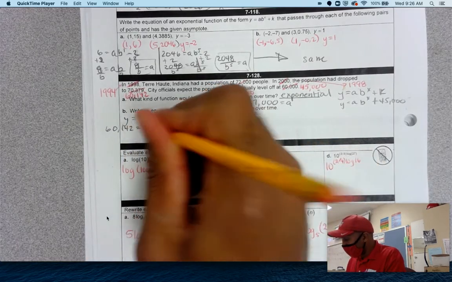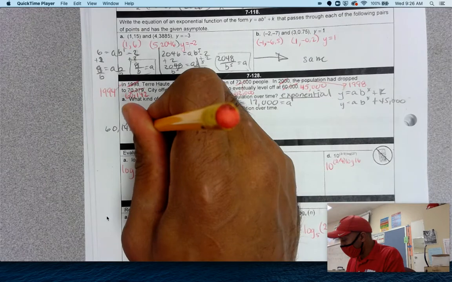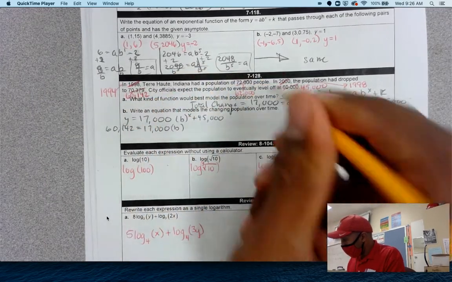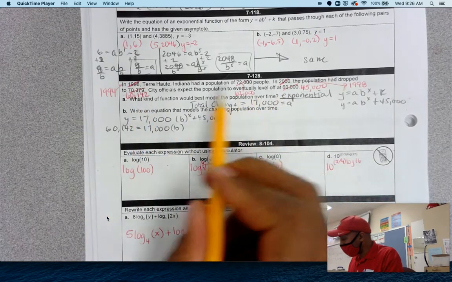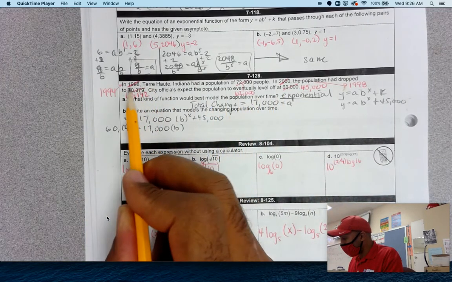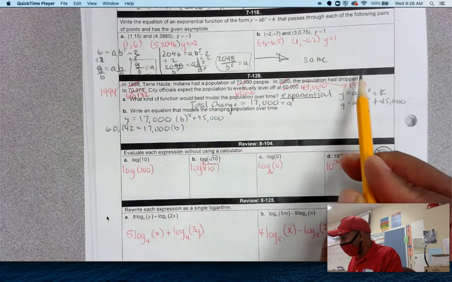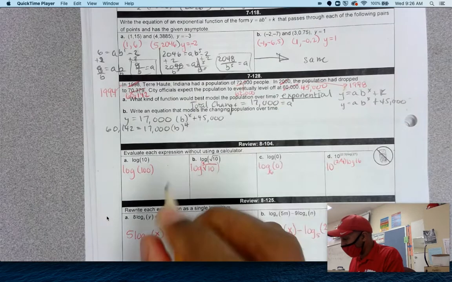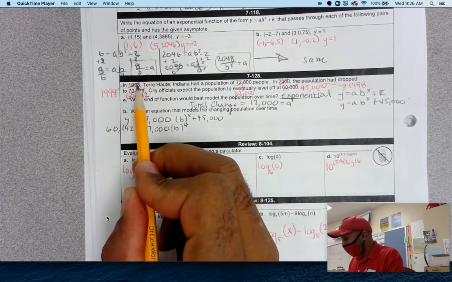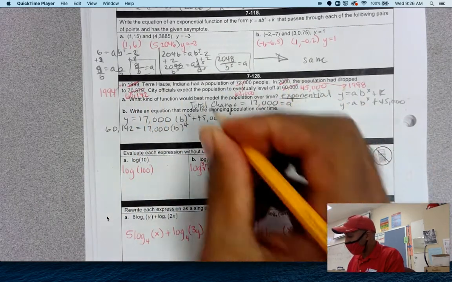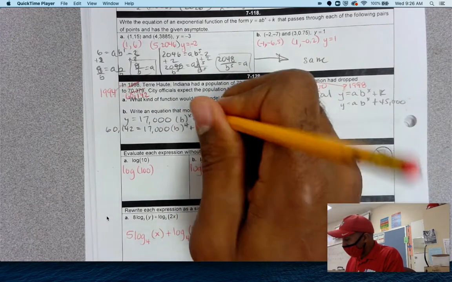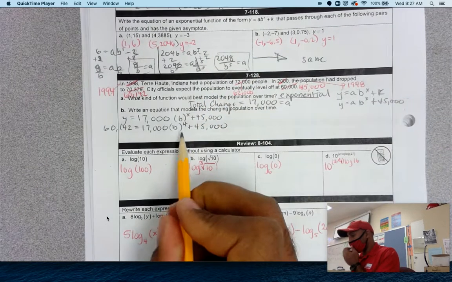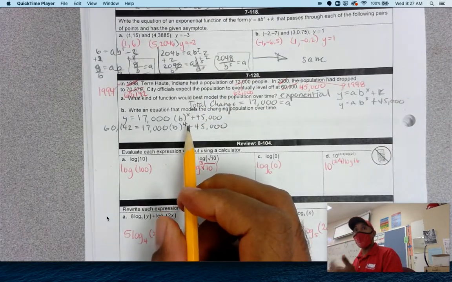We know it's going to be 60,000, going from 1994 to 1998, which is a 4-year change. Notice yours is going from 98 to 2000, so you only have 2 years. That will be your x value. My x value is 4 because we're looking at the change over 4 years.